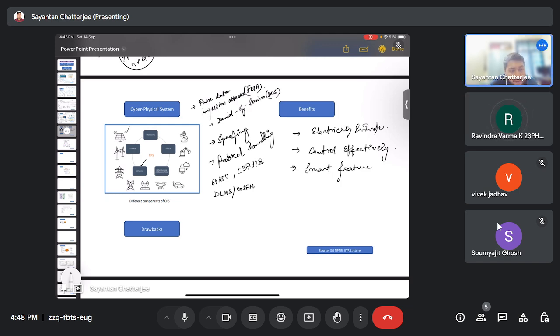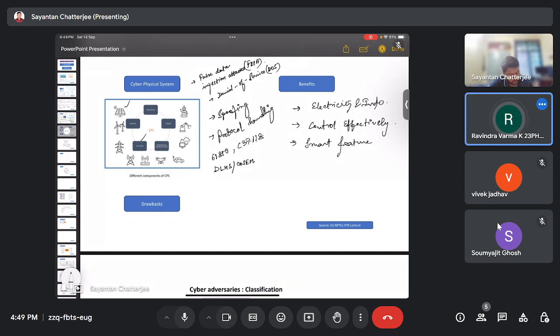Can you please type? I would request if you can please type.